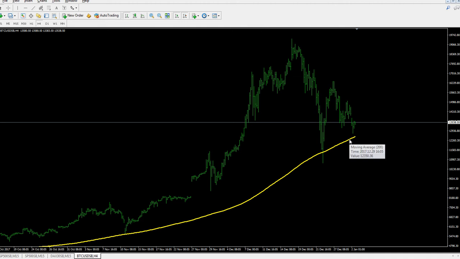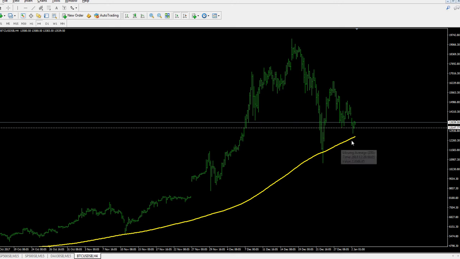Well, we've got the 200 period moving average. I'm keeping this chart really simple today just to show you how easy trading can actually be. I've just put the 200 period moving average on it, and I did say in the last video that this level of support, which was this one here, the 200 period moving average is likely to catch up with price, and indeed that's what it's doing.